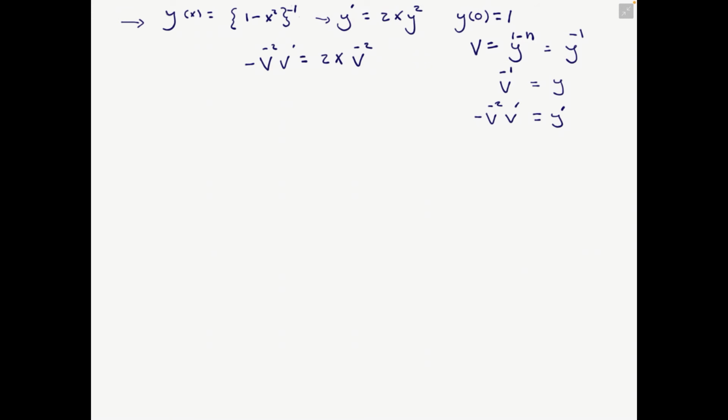Multiplying through by minus v squared, we end up with v prime equals minus 2x, and that gives us dv over dx equals minus 2x, so integrating gives v of x equals minus x squared plus c.